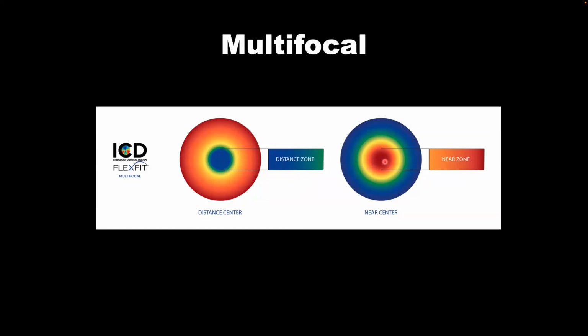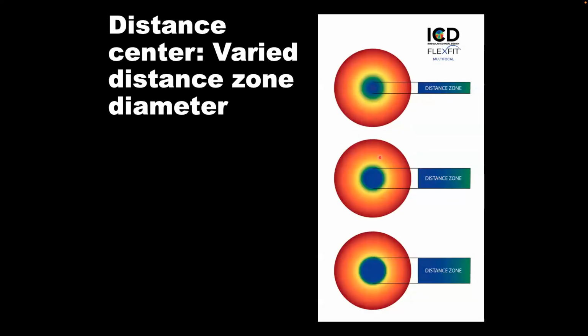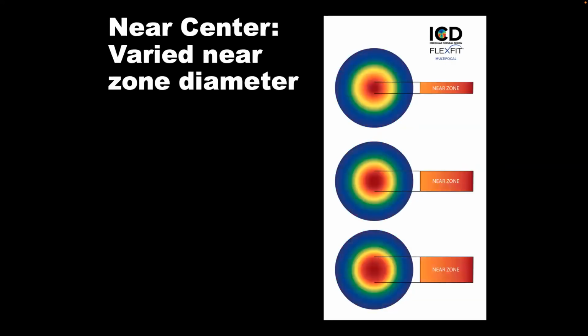Here, the near zone is at the center and the distance is far away. You can ask for the distance zones to be custom made, varied zones, like a smaller zone, a medium zone, or a larger zone. As well, with the near zone, you can ask for different diameters of the near zone. So that's available to you.